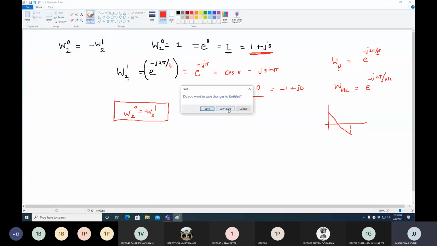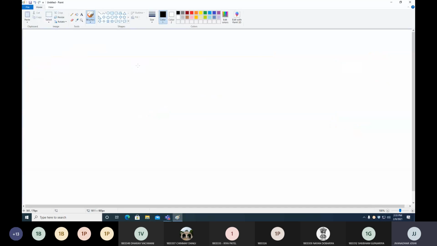Now let's do the same thing for the first stage. We know that there are totally 4 twiddle factors: W8 raised to 0, W8 raised to 1, W8 raised to 2, and W8 raised to 3. The equation is capital X of k equals G of k plus Wn raised to k into H of k.